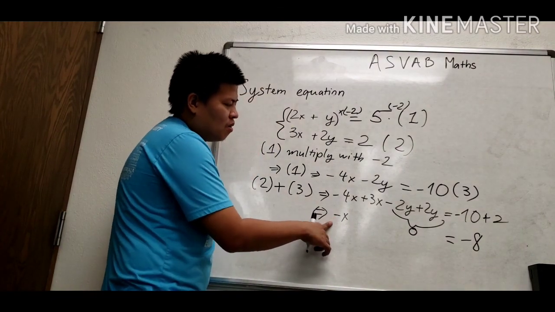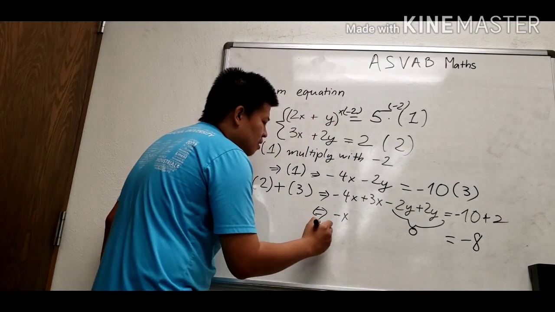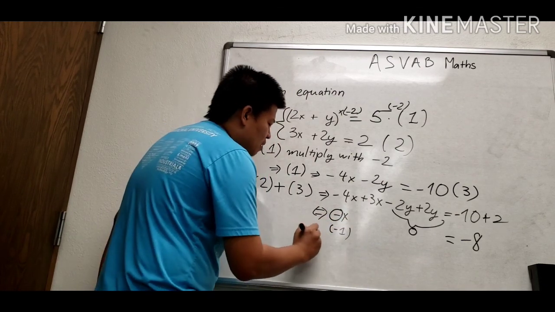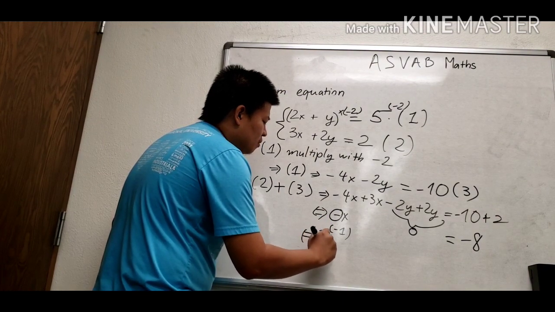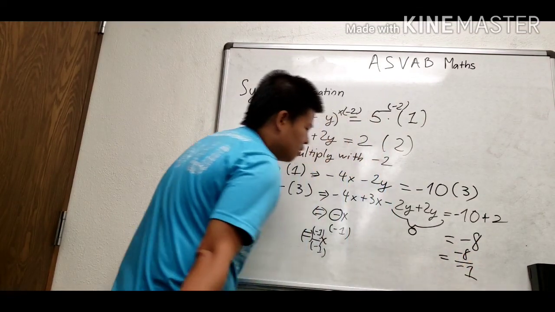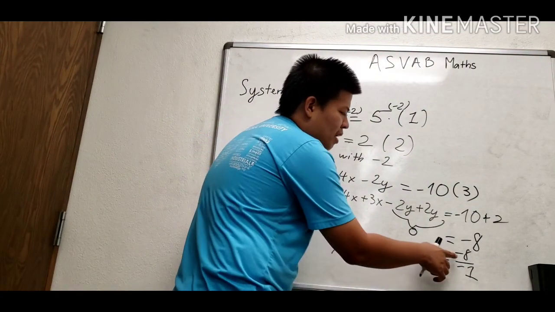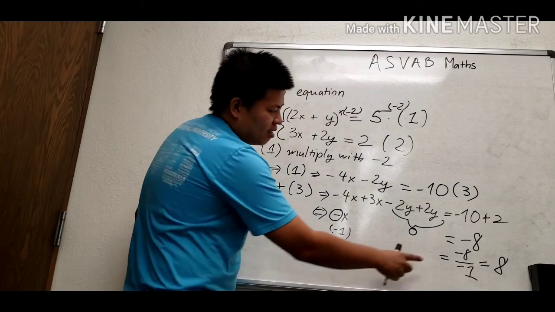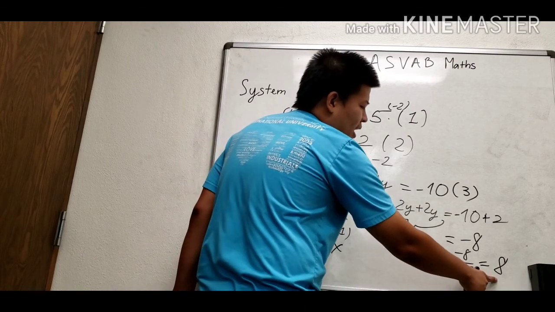In here, we have a negative side and another negative side, the negative is -1. So to get x, we divide -8 by -1. -8 divided by -1 is 8, because minus divided by minus cancels the sign. So we got 8 in here.